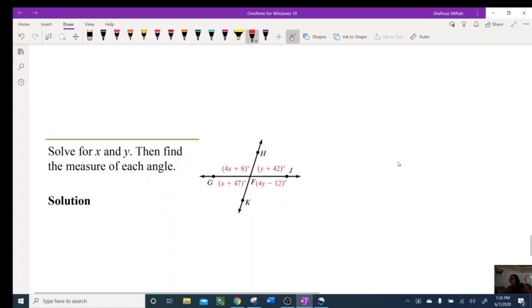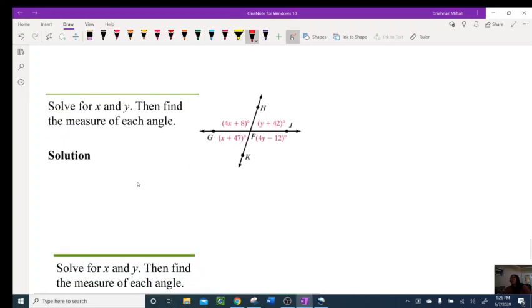Let's try this one. This question is asking, solve for x and y, then find the measure of each angle. Now, if you closely pay attention, these two angles form a linear pair. Do you see? Linear means it's on top of this line.